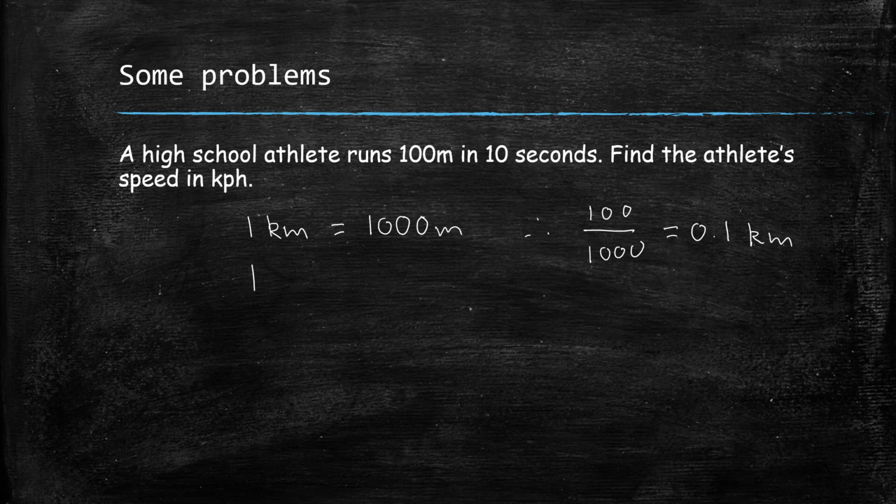Then we also know in an hour there are 60 minutes, and in each minute there are 60 seconds. So 60 times 60 is equal to 3,600 seconds.